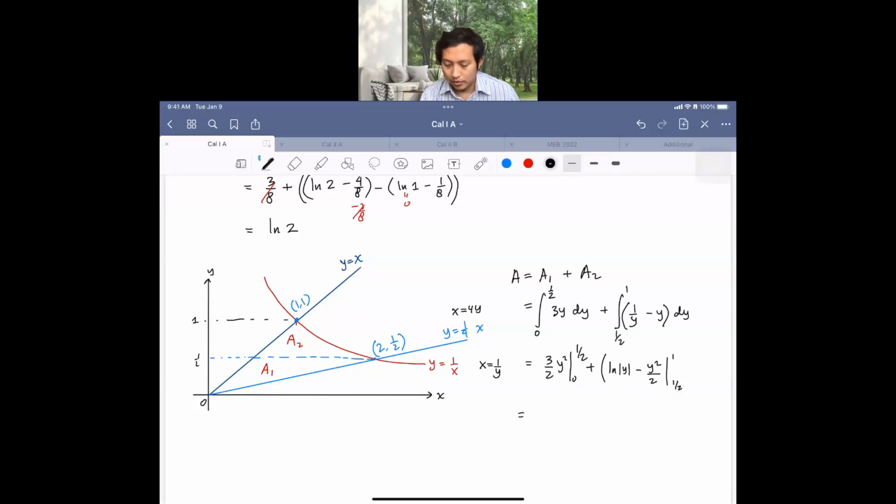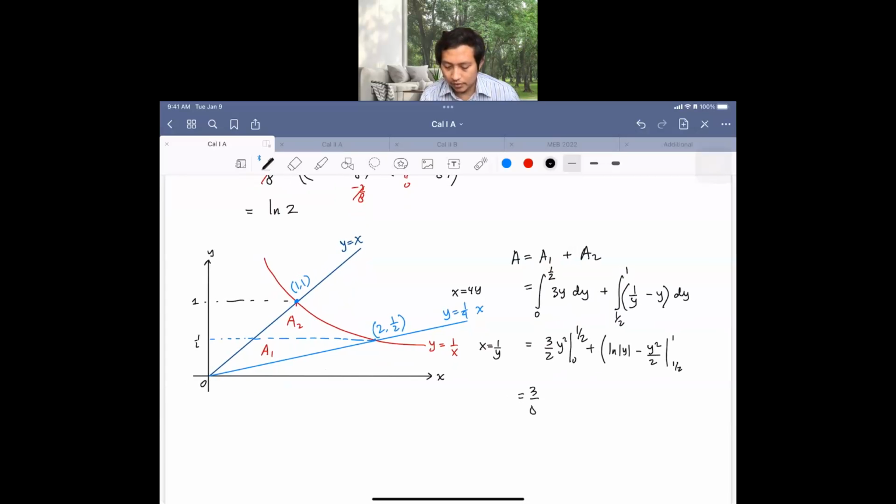Now this is 3 over 8 plus ln 1 minus 1 over 2, that's the first one, minus ln half minus 1 over 2 squared, which is 1 over 4, so 1 over 8. We can write 1 over 2 as 4 over 8, so minus 4 over 8 plus 1 over 8.